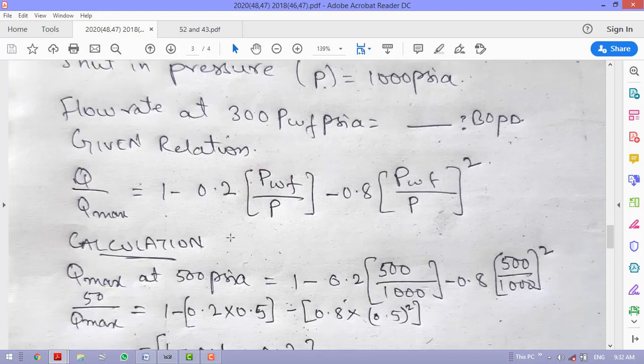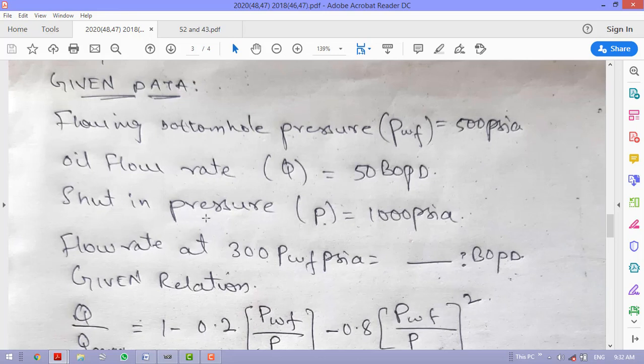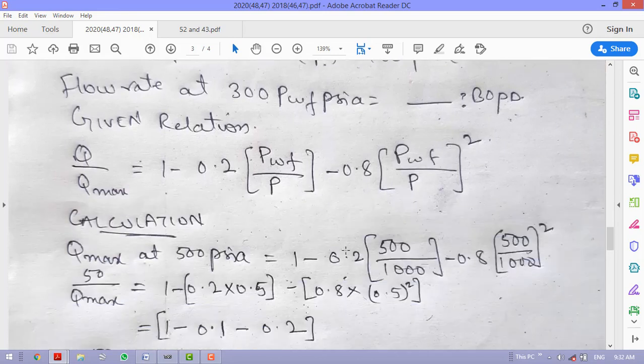First I find the Q max at 500 psi using this equation: 1 minus 0.2 into PWF, which is 500, divided by 1000, the shut-in pressure of the reservoir, minus 0.8 into 500 by 1000 whole square.